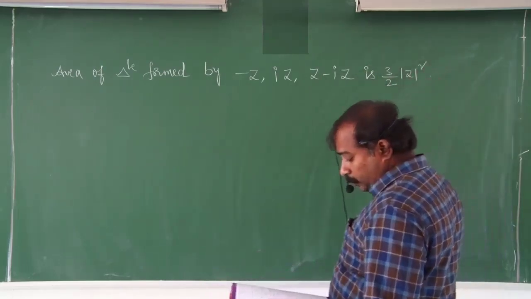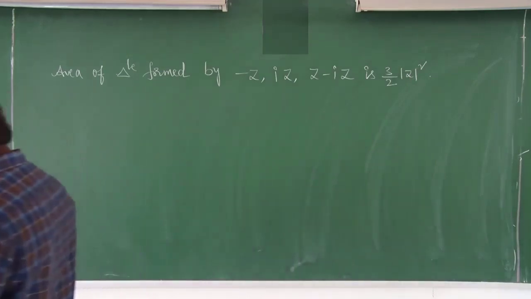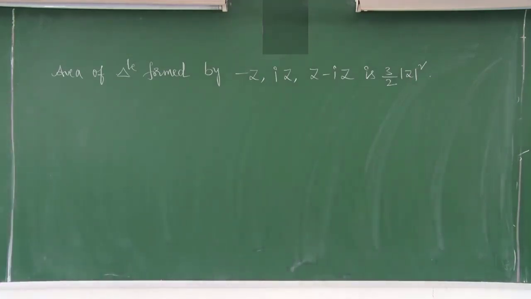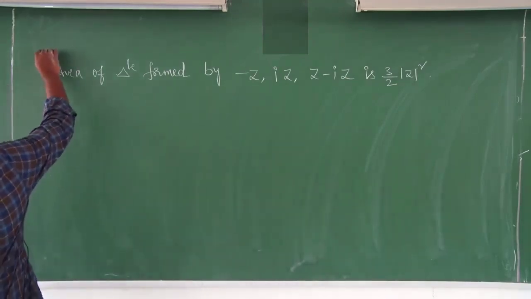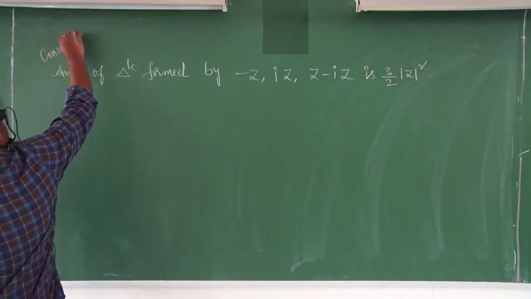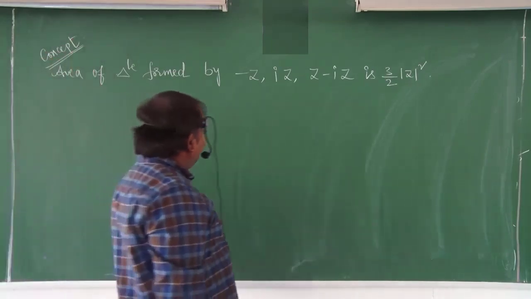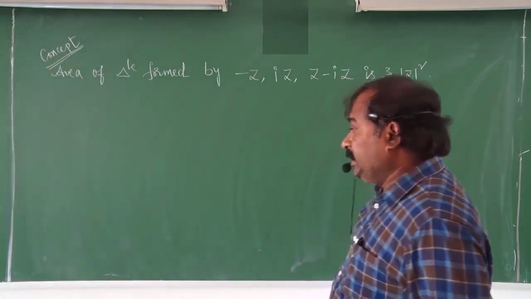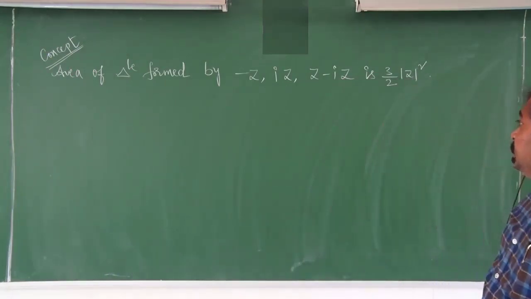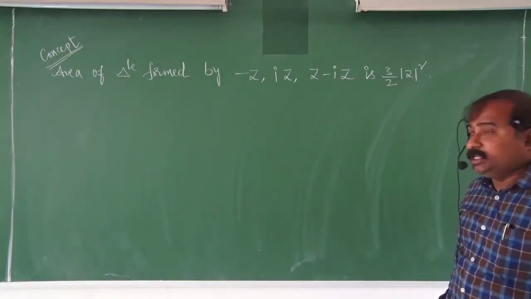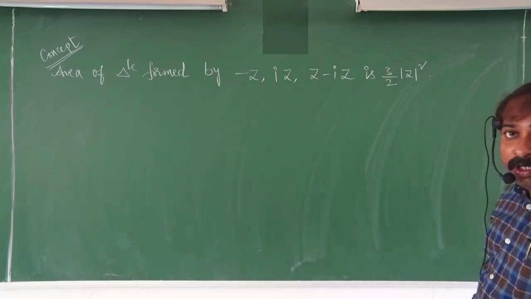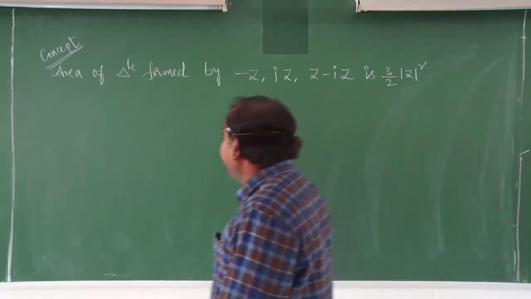This is one more point: 3 by 2 into mod Z square. This is the next concept. Area of the triangle formed by minus Z, IZ, Z minus IZ is 3 by 2 into modulus of Z square. Listen, all of you.